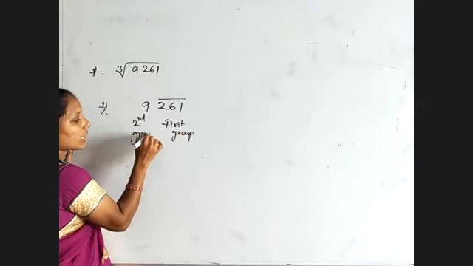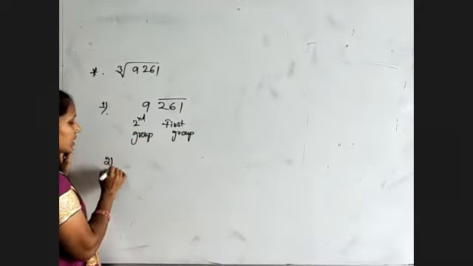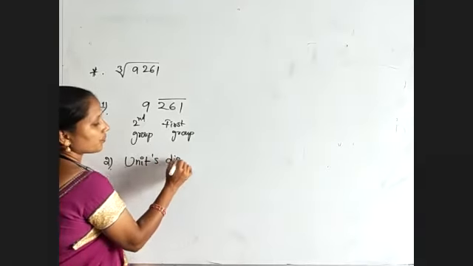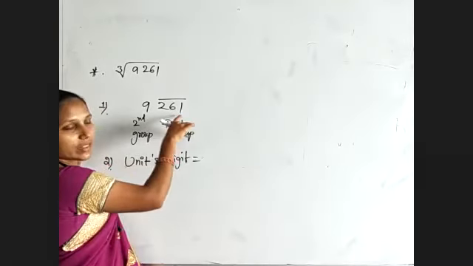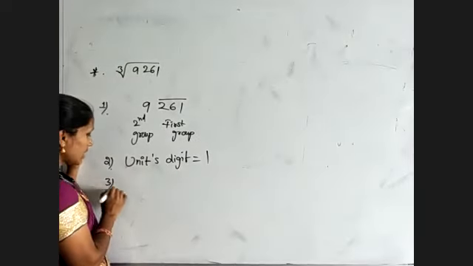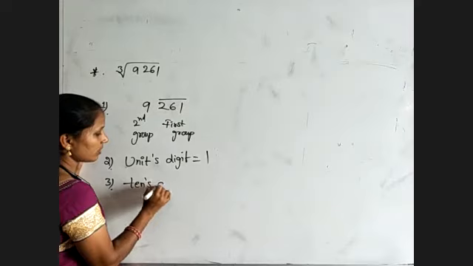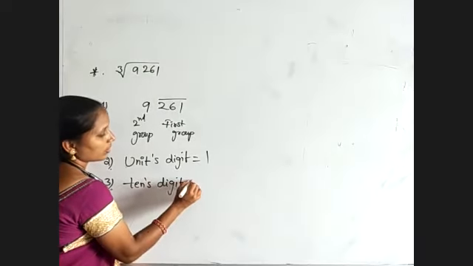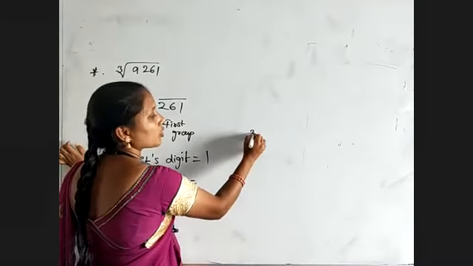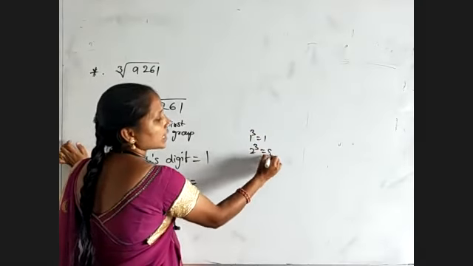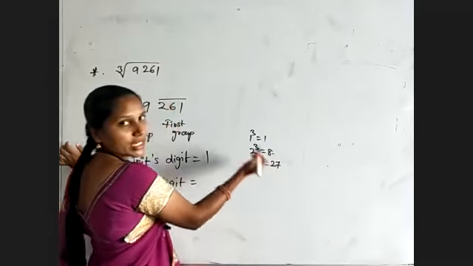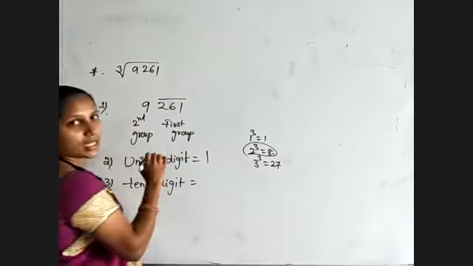So for the first group, the unit digit of the cube root, because it is ending with 1, the unit digit will be 1 only. And the tens digit of the given number is, because next number we have 9. 9 means 1 cube is 1, 2 cube is 8, 3 cube is 27. 9 is between 8 and 27, means the lesser value we must take, that is 2.